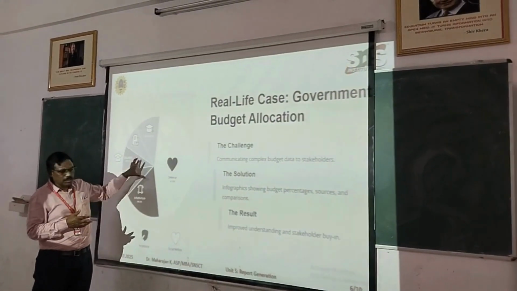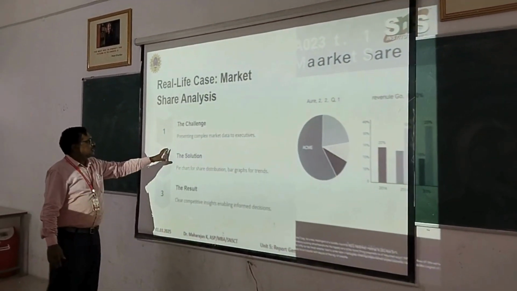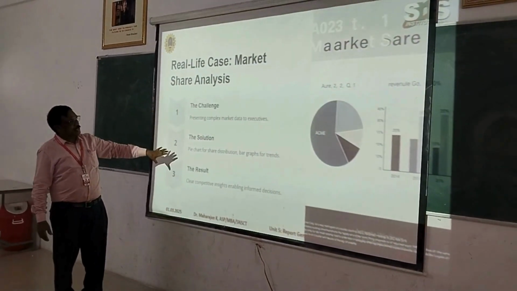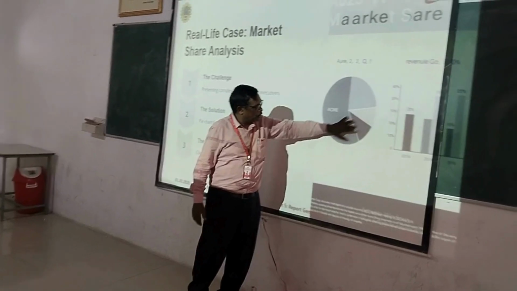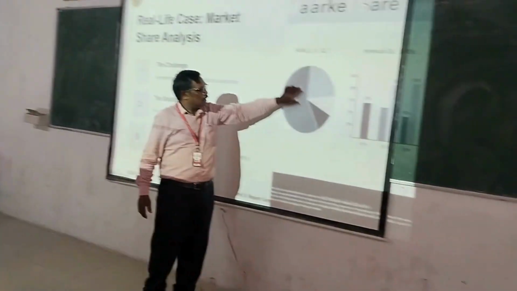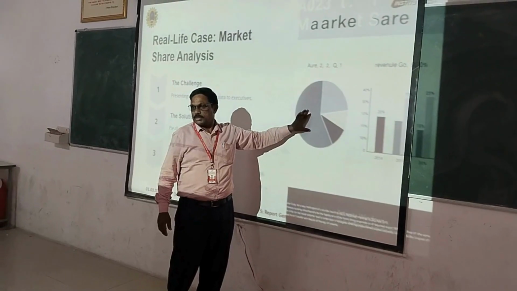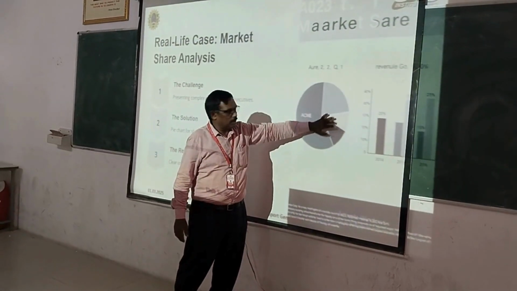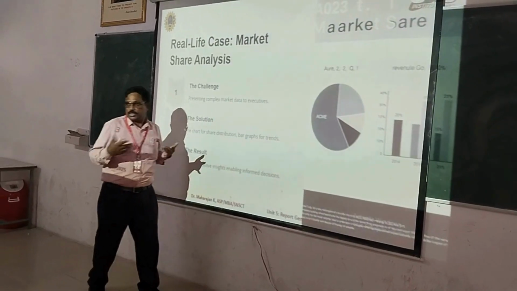Next, even in market share analysis, see how much of this market is owned by Acme, for example. We can see almost 55% is owned by this company. We can easily find out at one glance. So that is the idea of using infographics.